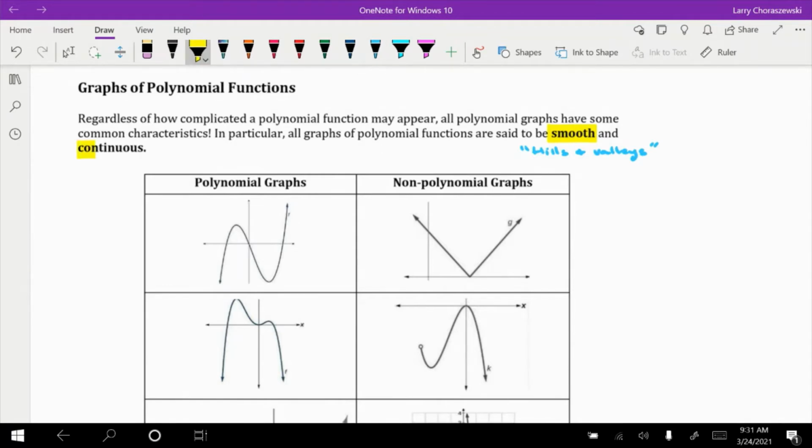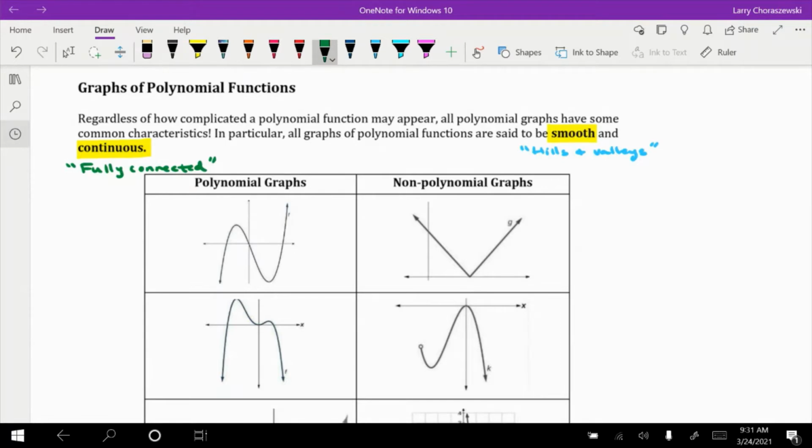Another feature is that they're said to be continuous. And there are a couple of ways of describing what it means for a graph to be continuous. Of those ways, I like to go with this one. When a graph is continuous, it's fully connected. Okay, so there are no gaps, there are no open circles. The graph is not broken up into different pieces, like we saw with piecewise functions.